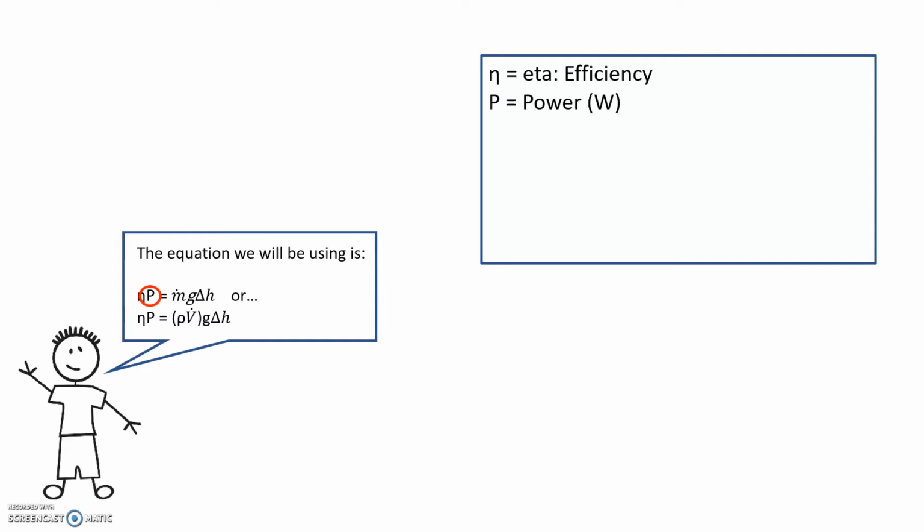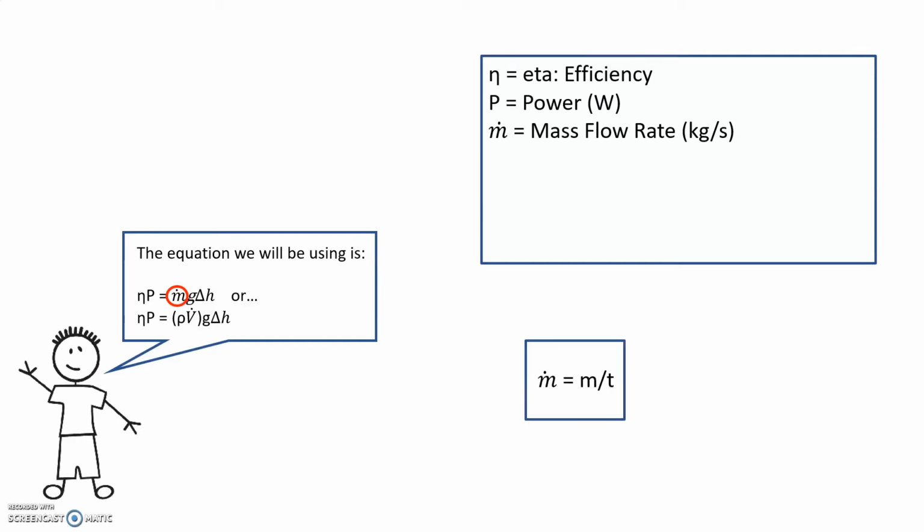The next variable is the power, which is measured in watts. On the other side of the equation, we start with the mass flow rate, or the mass of water that passes through a hydroelectric plant per second. This is measured in kilograms per second. This variable can also be written another way, as the mass divided by time.